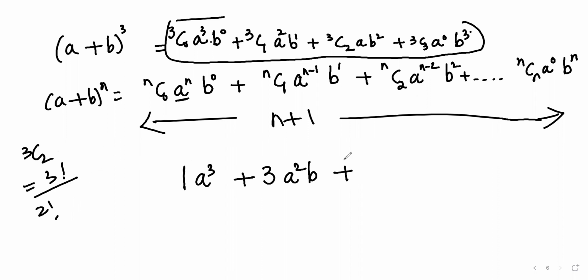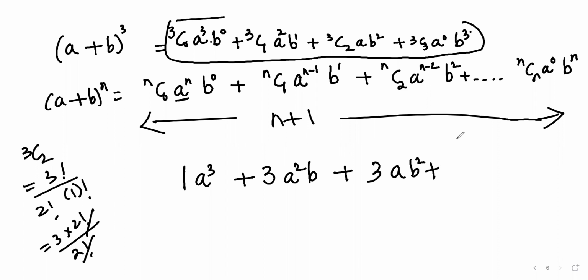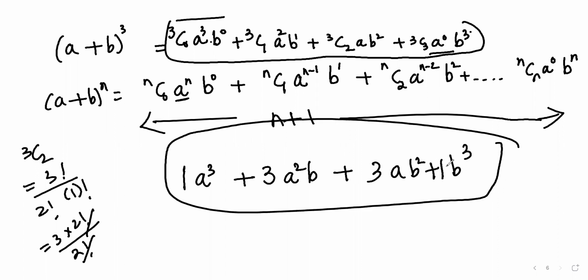I know it, but I'm letting you know how it is got. 3 factorial can be written as 3 into 2 factorial by 2 factorial, so 3C2 is 3 into ab square. 3C3, nCn will always be equal to 1, so it is a^0 which is 1, into b cube. That's how we got the expansion of (a+b) the whole cube.